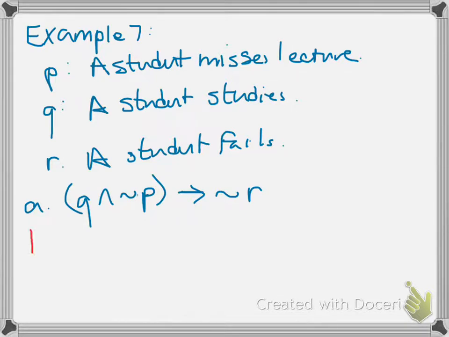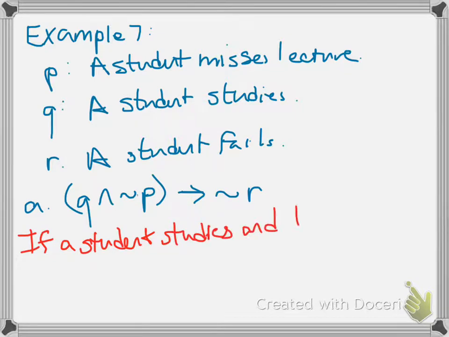So we're going to say if a student studies and does not miss lecture. So notice how that entire compound statement is going right after the if before the comma.